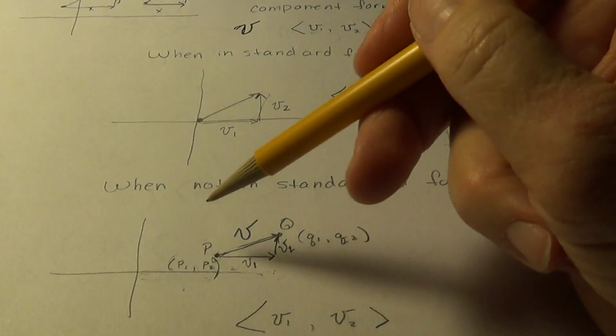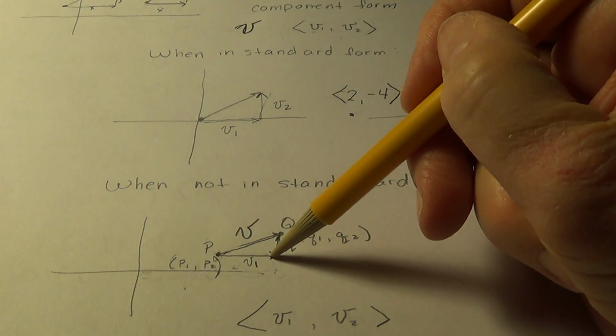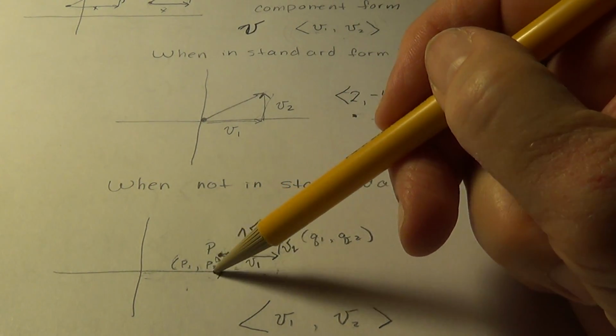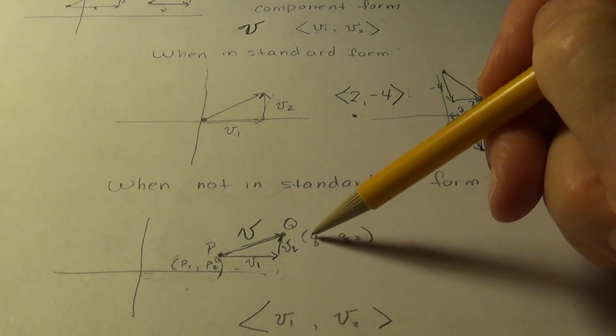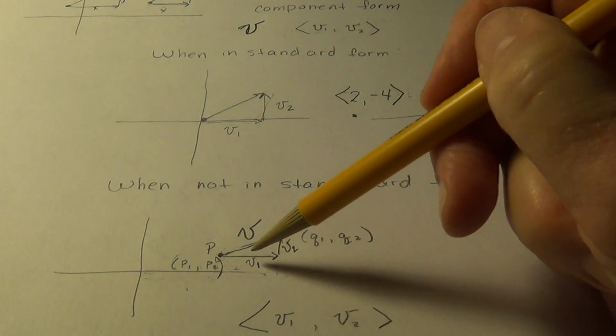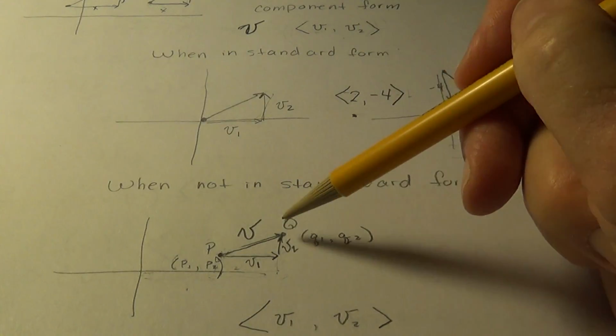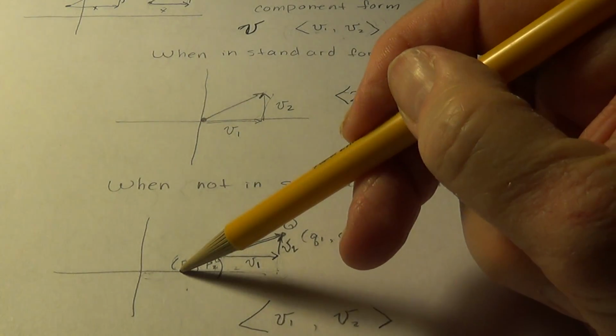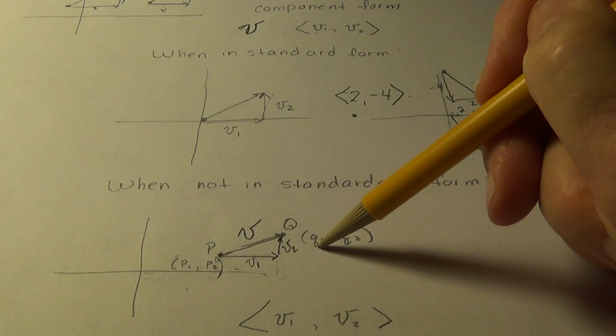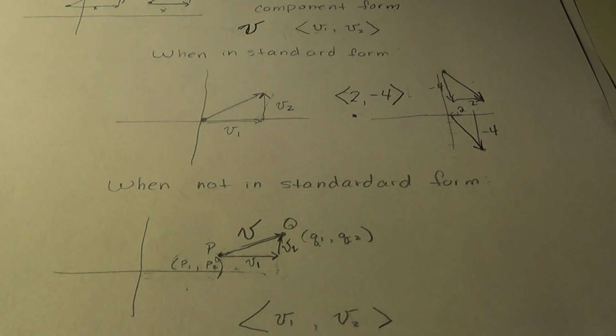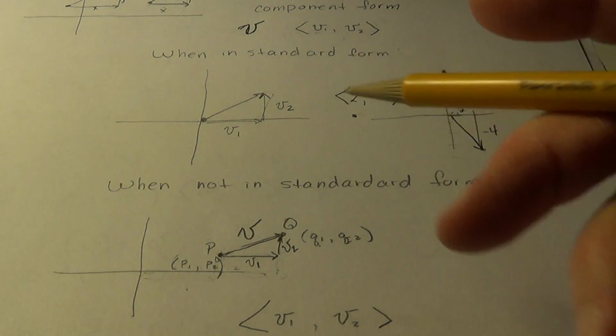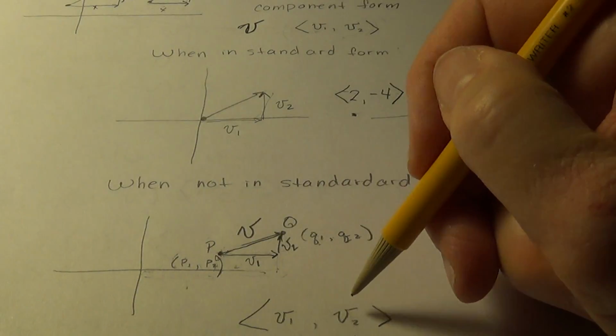So how can I get those? Well, in theory, if I know the X coordinate of this point and the X coordinate of this point, to get this value, I'm going to subtract this X coordinate from this X coordinate. Study that, and that should make perfect sense. So the Y part, how do I get V2?